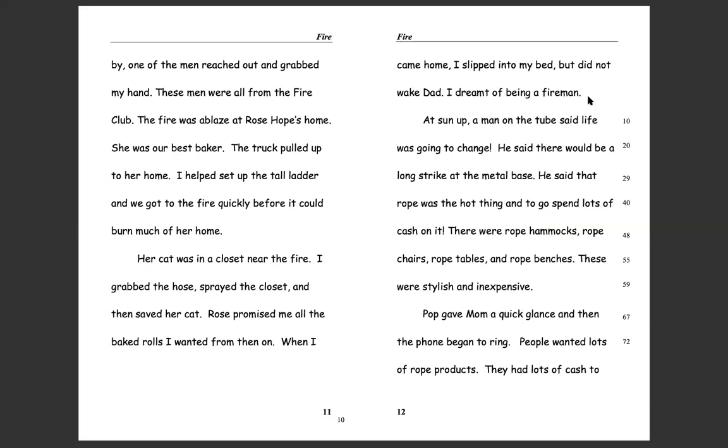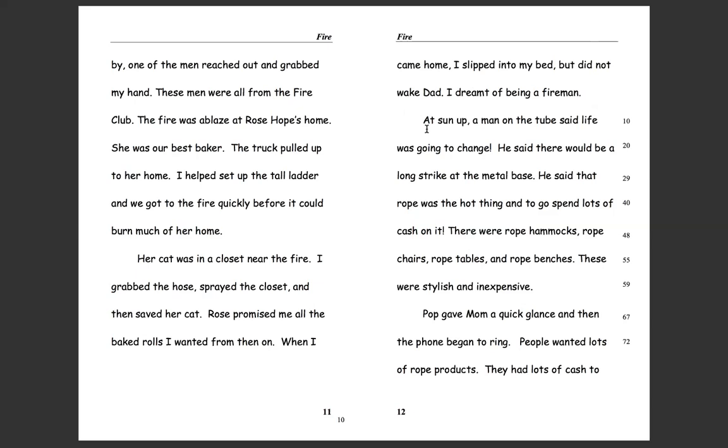Exactly. What do you think is going to happen next? He's going to become a fireman. How do you think his dad will react? He might be a little frustrated and sad. Okay, we'll see. Let's keep reading. He might actually be happy too.